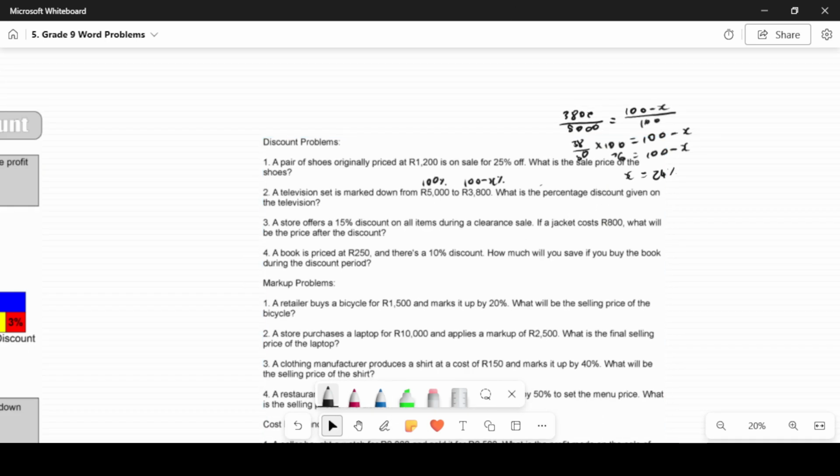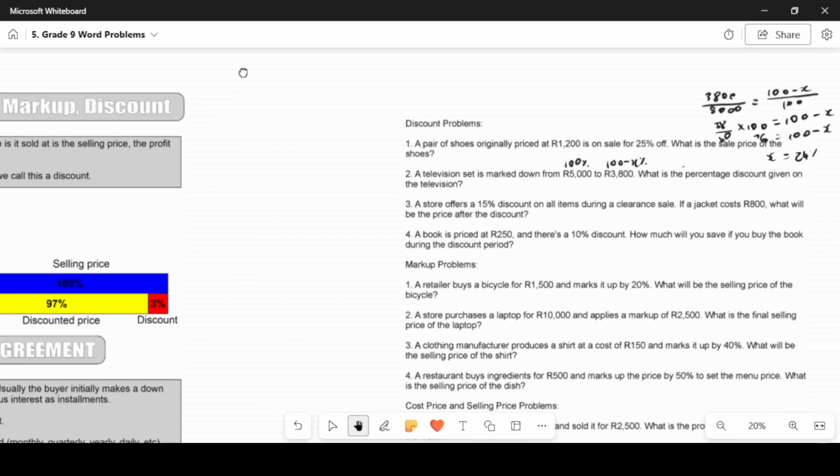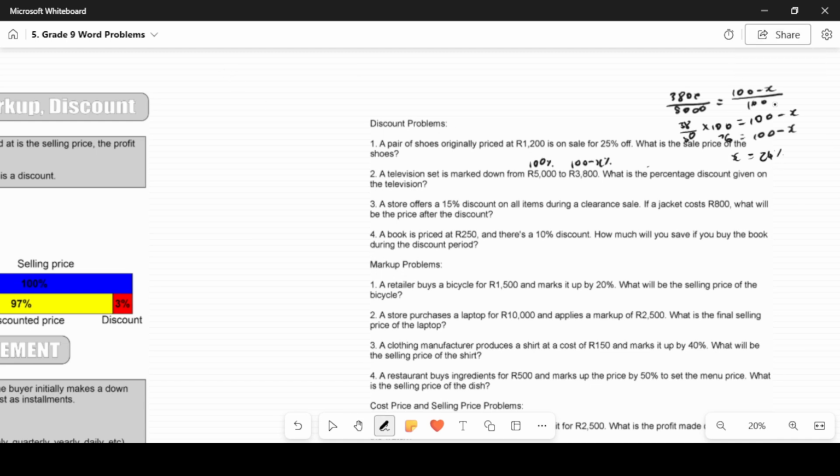You see, another way I could have thought of this was, here I just created one single equation. Another way: if this represents 5,000, and this represents 3,800, then what fraction of the 5,000 is 3,800? So I'll say 3,800 divided by 5,000 will give me some decimal.